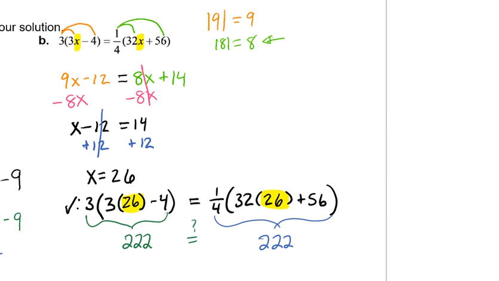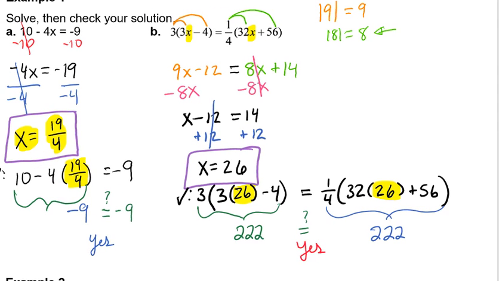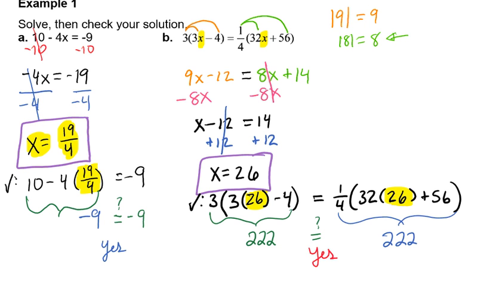And then we can come back and look, and we can ask ourselves, does 222 equal 222? And that answer is yes. So that tells us that x equals 26 is the solution. And we're done. And so that's a small example of how to solve an equation when you have a variable on both sides.